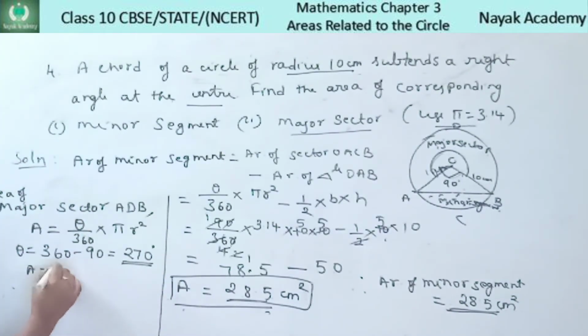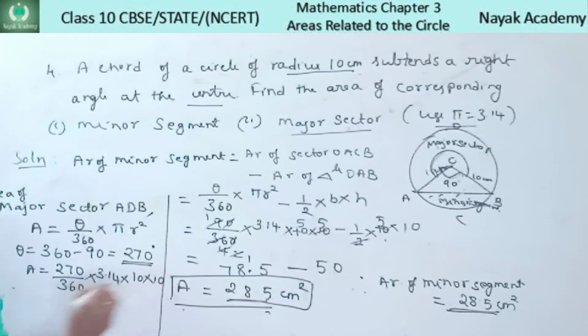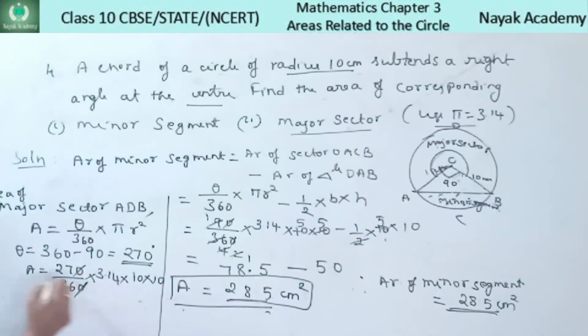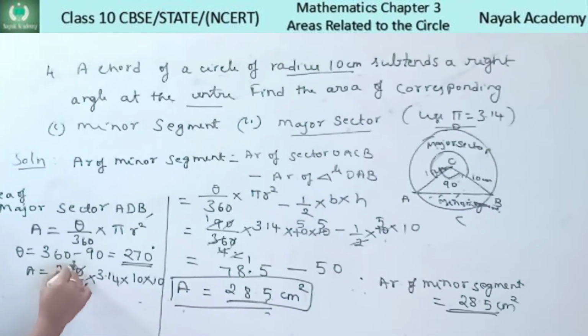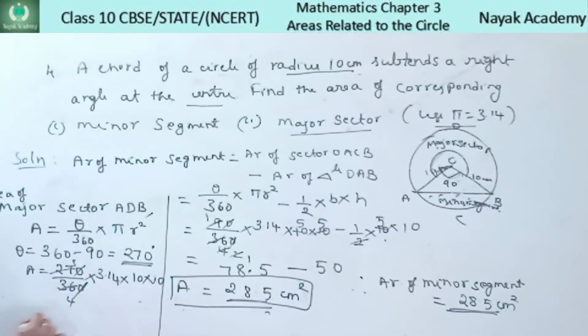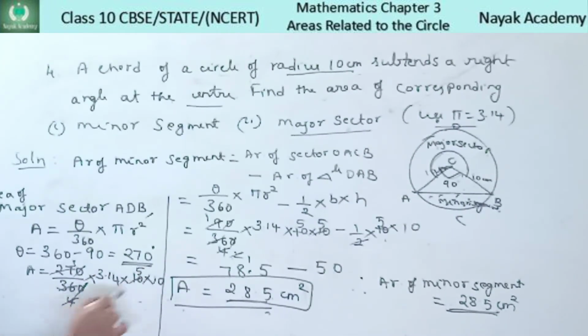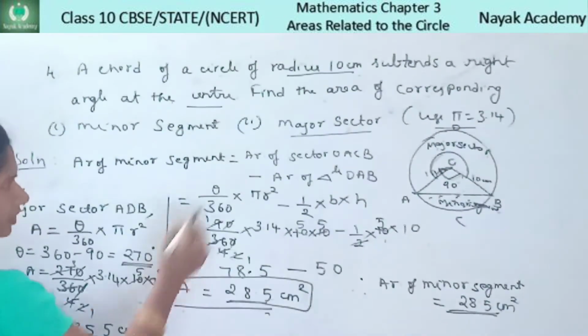A equal to 270 divided by 360 degree into pi value, we have to use it as 3.14, into 10 into 10. Let us simplify, children. 0 0 get cancelled. 9 3s are 27, 9 4s are 36, 2 2s are 4, 2 5s are 10. After multiplication, the area you will get is 235.5 centimeter square.